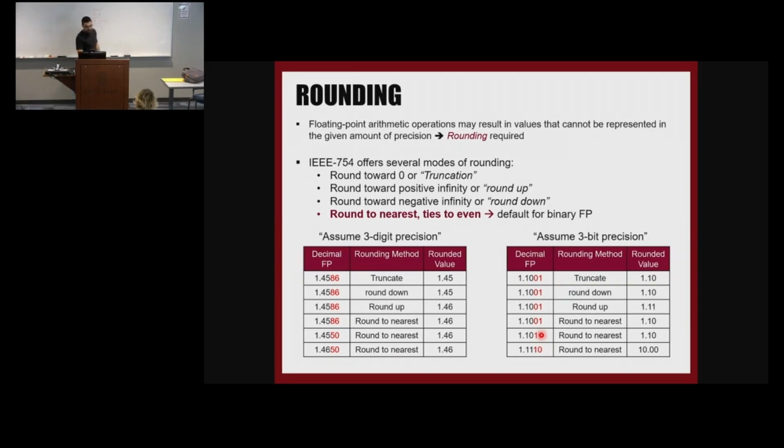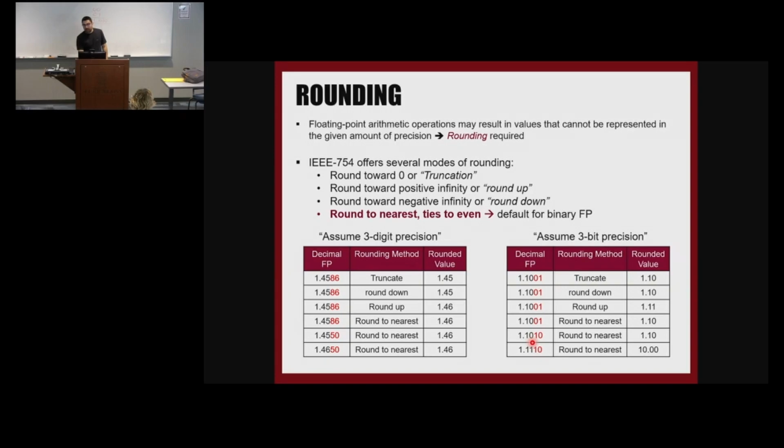So now here we have a tie, because we have a 1 and a 0. So it's 1.1010. Okay, this is a tie. Now because it's a tie, we round the bit such that we get an even number, an even bit here.